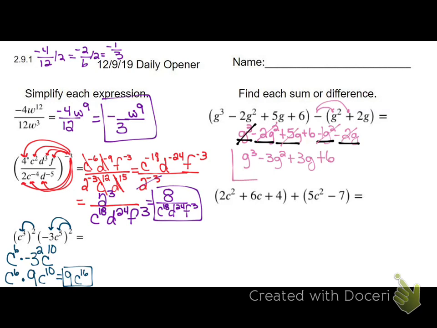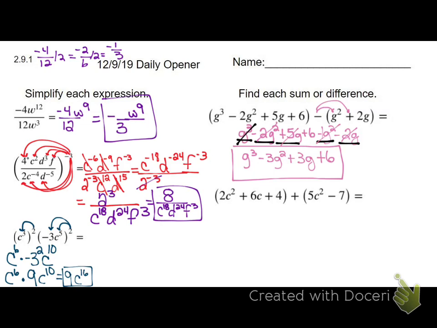If I were to ask you the name of this polynomial, what would you tell me? It would be a polynomial. That's the second part of it.